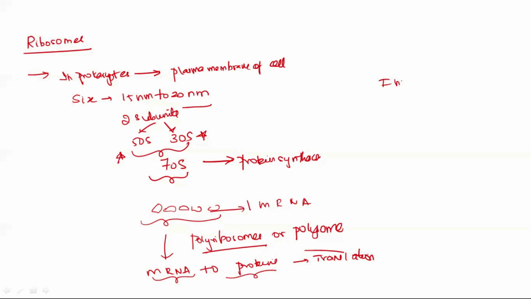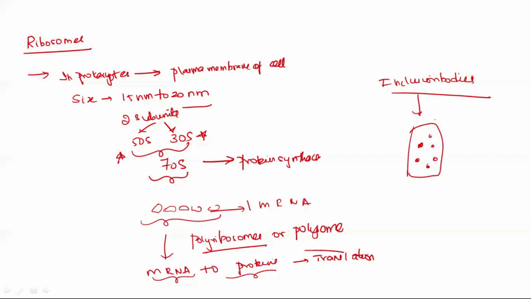Now coming to inclusion bodies. What are these inclusion bodies? Inclusion bodies are like storage units where prokaryotic cells reserve material in the cytoplasm. Whatever material is in the cell is stored in the form of inclusion bodies.